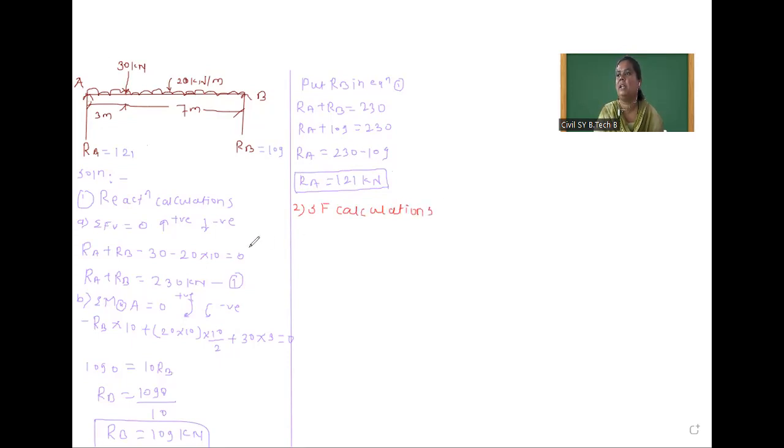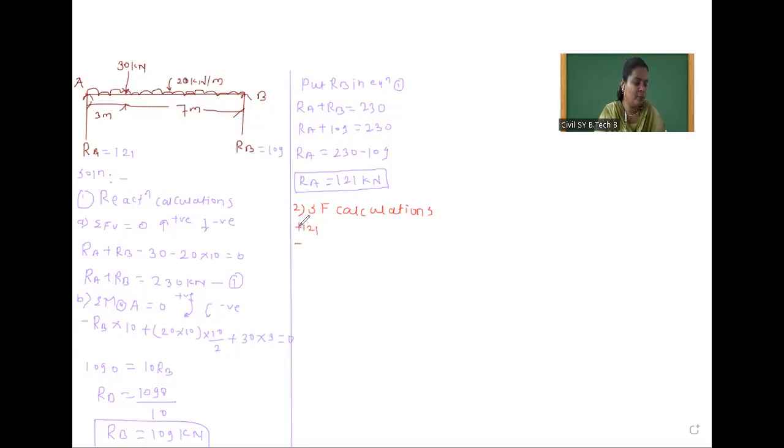Shear force calculation. We start from point A. Okay, so we will use our trick. Here RA is going upward, so plus 121.